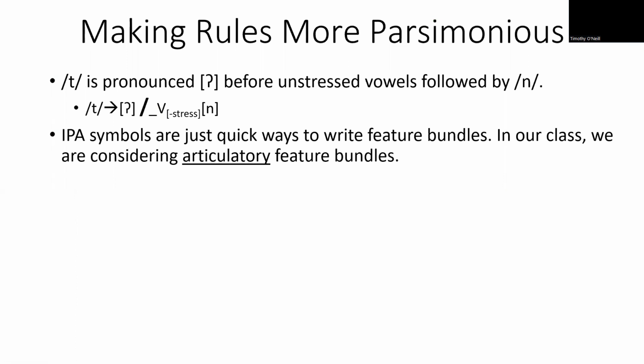So we have this nice rule here with IPA symbols, and this is true, but there's a little problem with it. If you come from a reading-first way of thinking about language, you might think an IPA symbol is the basic unit of language, the way a letter is the basic unit of writing, right? So a letter is the lowest we can get.